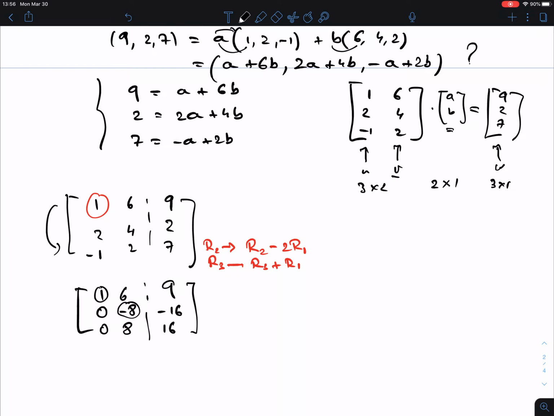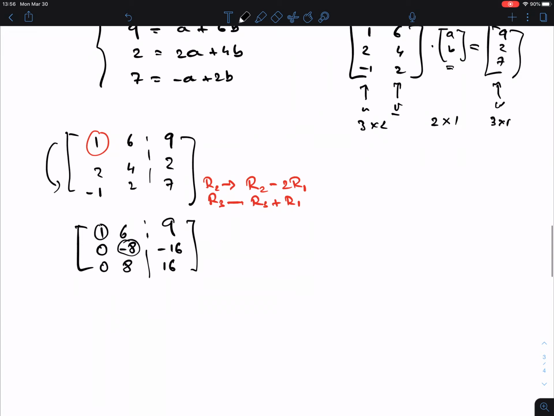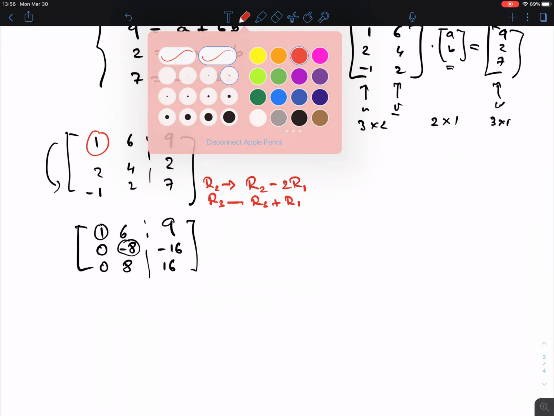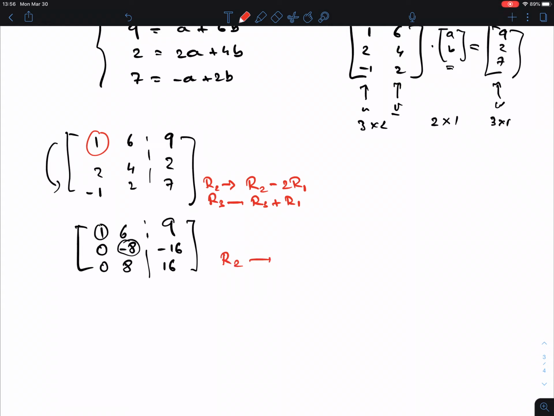So now I want to make a pivot here, but luckily everything is divisible by 8. So I'm going to divide out 8 here. The row operation that I do technically is replace row 2 by row 2 divided by minus 8. Let's get rid of the minus sign. Okay. So we get 1, 6, 9, 0, 1, 2, 0, 8, 16.